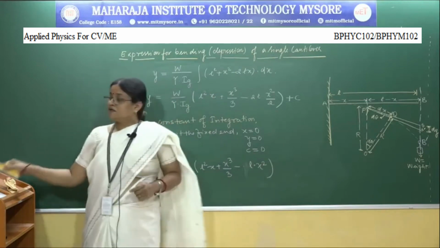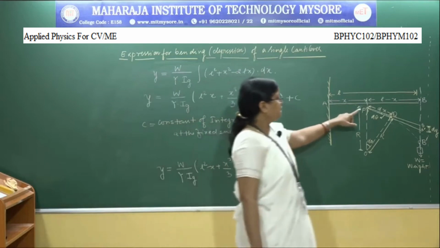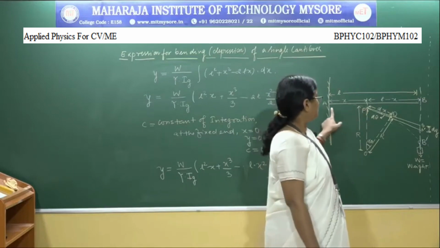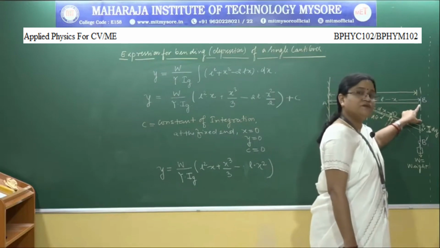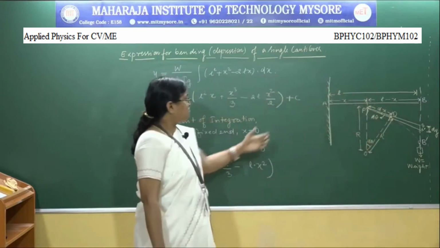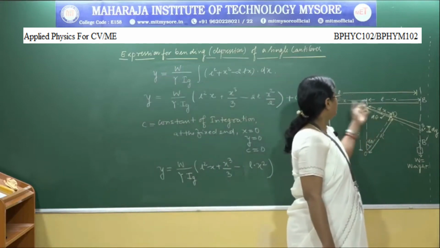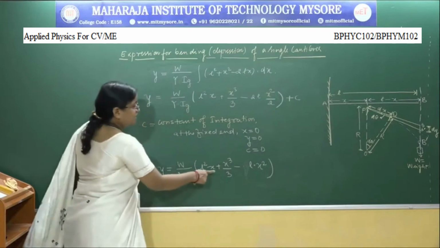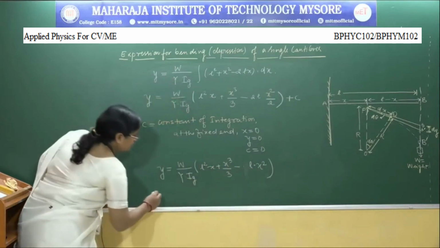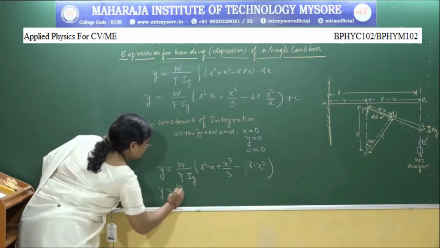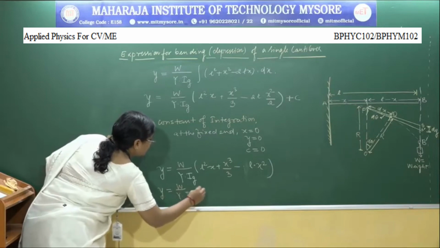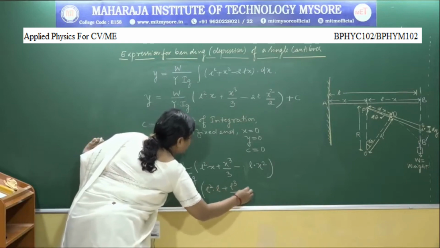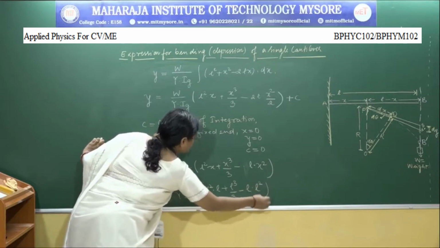Now, we can see from the figure we are trying to calculate the bending moment or the restoring moment at the point P. If we consider the whole length of the beam, that is AB, then this point P is at the end, so this x value will be equal to L itself. So, in place of x, we will substitute L, we get y is equal to W by Y Ig, L square into L plus L cube by 3 minus L into L square.